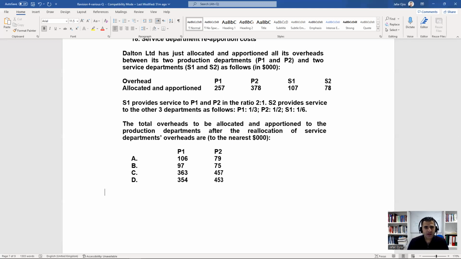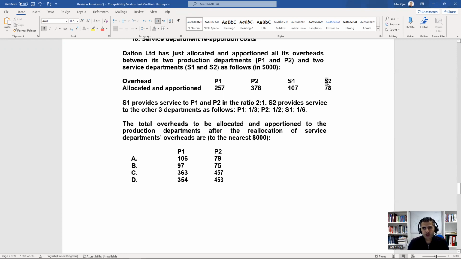So we have the allocated overhead, including P1, P2, S1, S2. S1 provides service to P1 and P2 on the ratio 2:1.